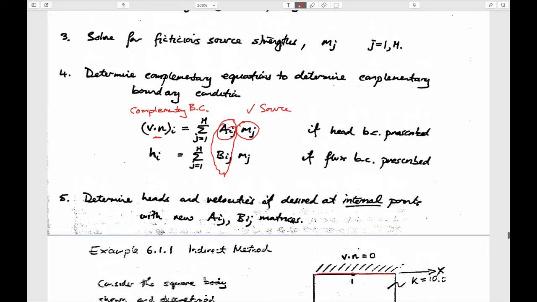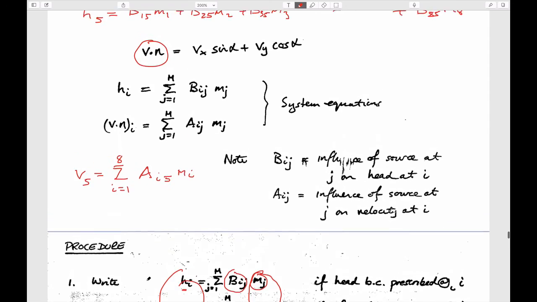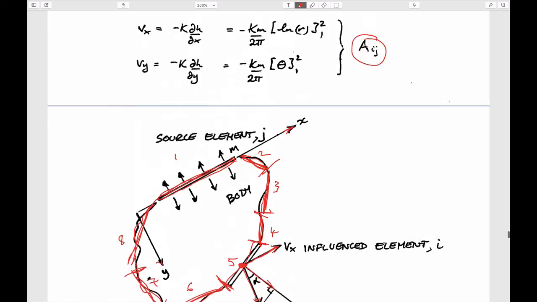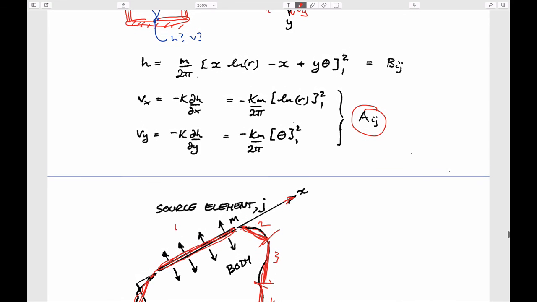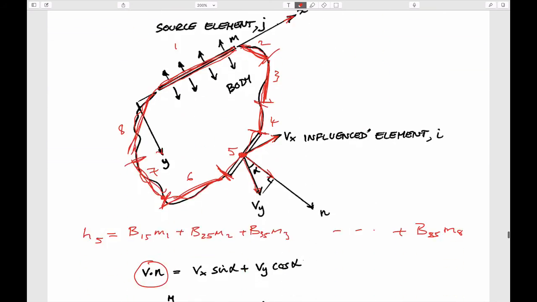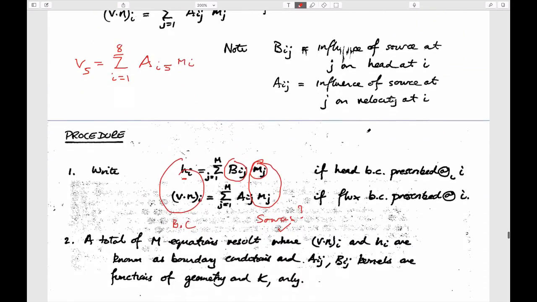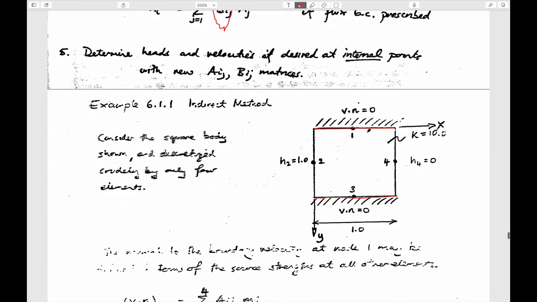So, to recap, we're going to use this terminology that the terms that give us the heads from the source strengths are these B values, and the terms that give us our velocities from our source strengths are the A values. Right? And so we're going to write a system of equations that describe this system.